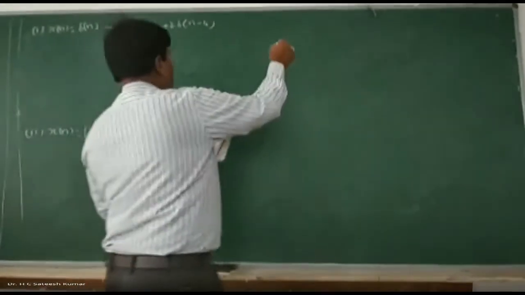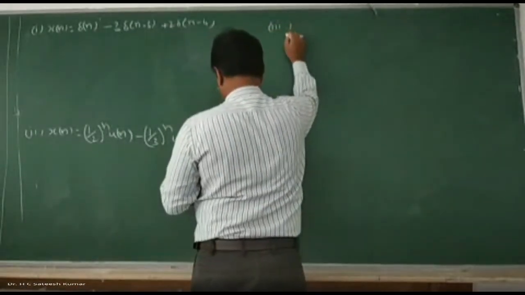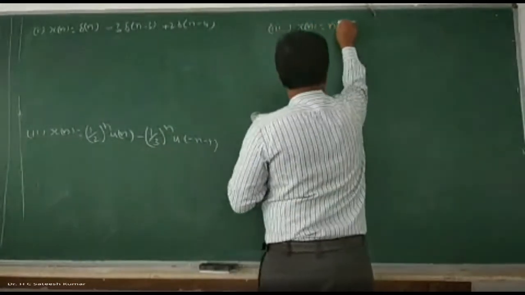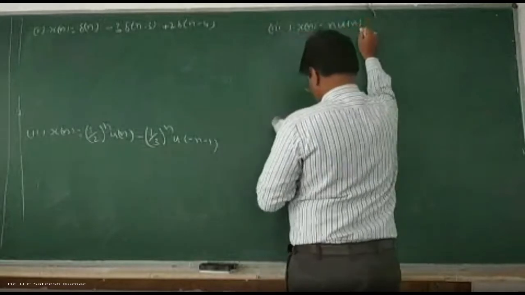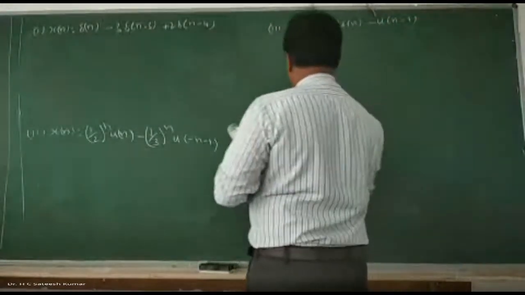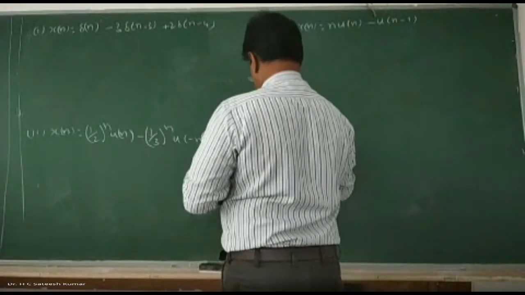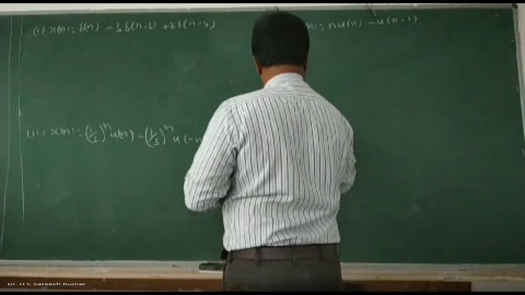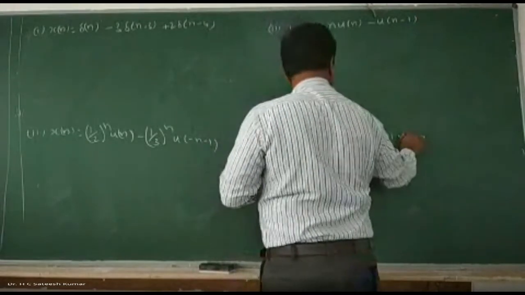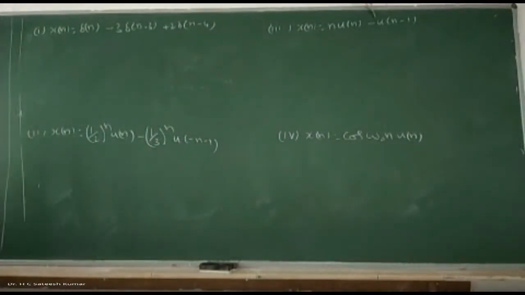Third one is x of n is equal to n into u of n minus u of n minus 1. Fourth one is x of n is equal to cos omega naught n into u of n. How to do this problem? Very simple one.